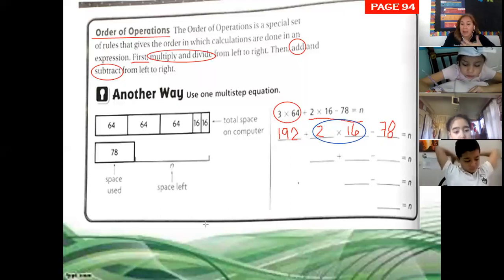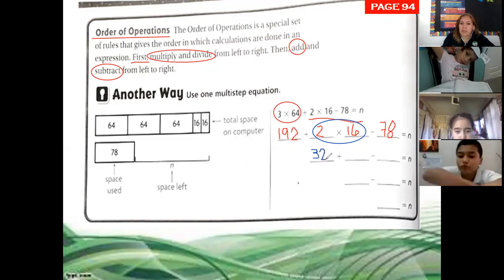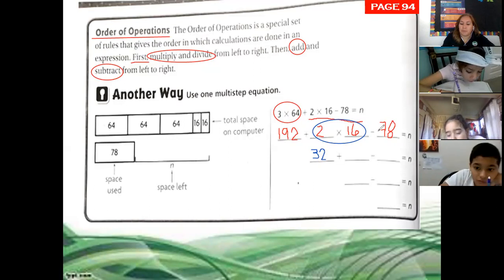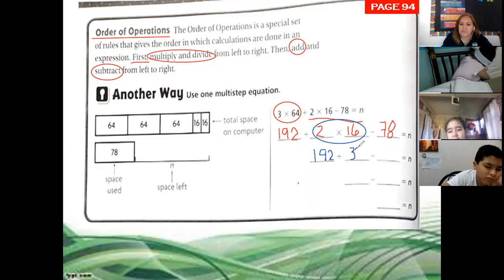I do it because I need to explain. So 2 times 16 is 32 here. And then you copy. We have to copy 192 first. 192, then the multiplication, 2 times 16, 32, minus 78.